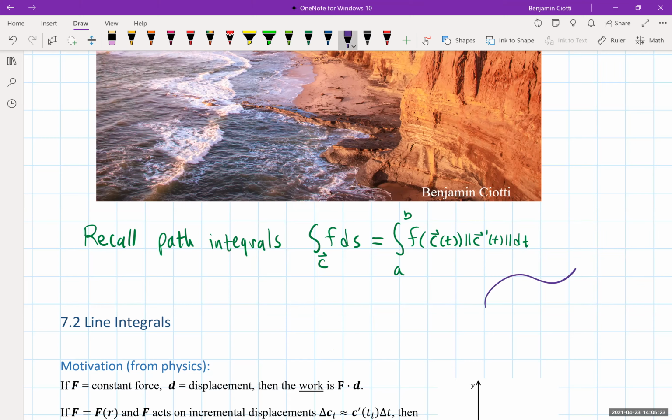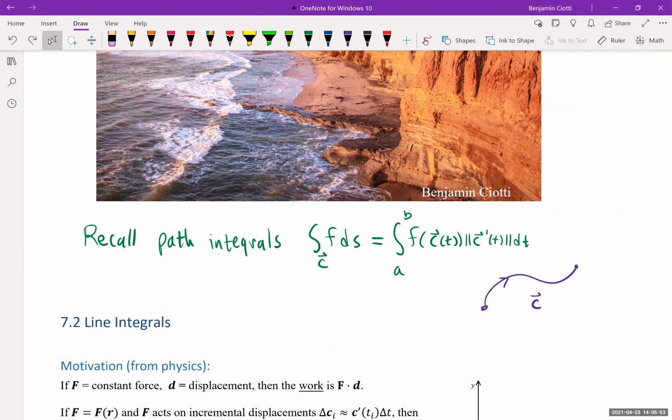So this was for when you had some path C and you wanted to integrate a scalar function over the path. Today we're going to generalize this concept of integrating over paths to vector valued functions. In other words, instead of the integrand being a scalar, today we're going to let it be a vector and try to make sense of that.